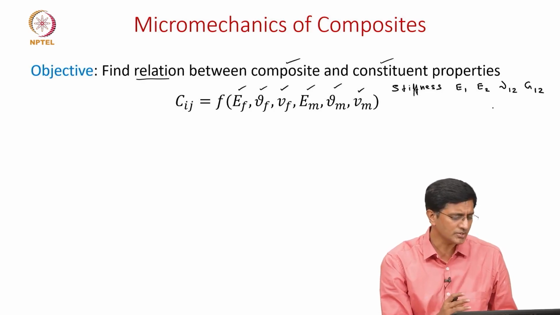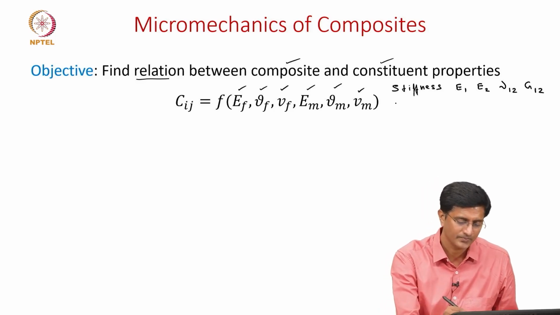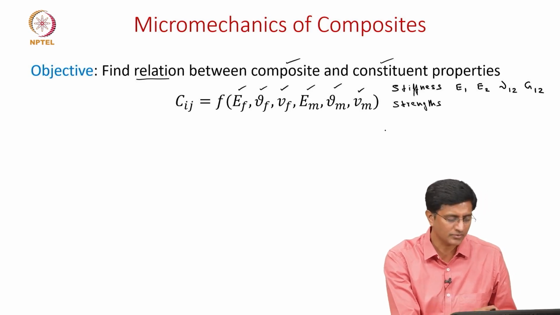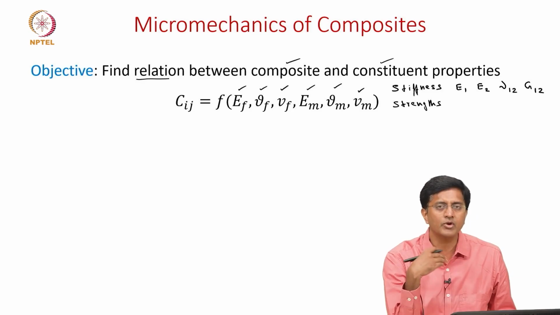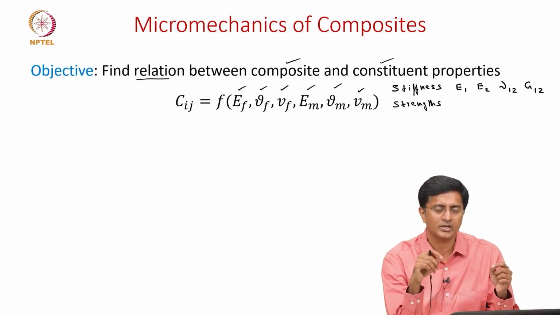But in addition to this, micromechanics can also be used to predict the strengths. Then instead of looking at the elastic properties like E or Poisson ratio, there we'll be looking at the failure strength in tension and compression for the fiber and the matrix materials, and we will also look at loading either along the fiber or perpendicular to the fiber.